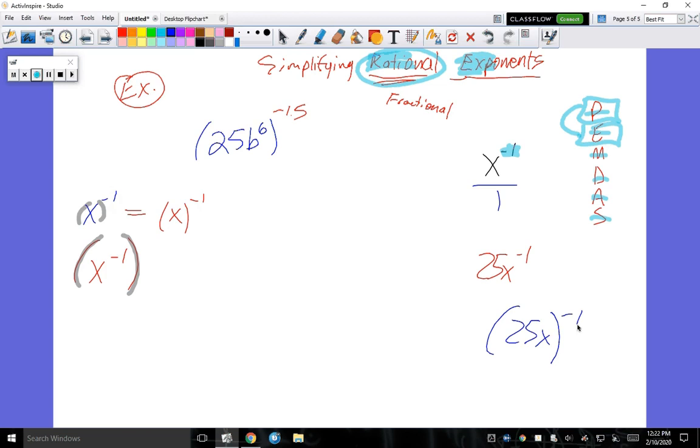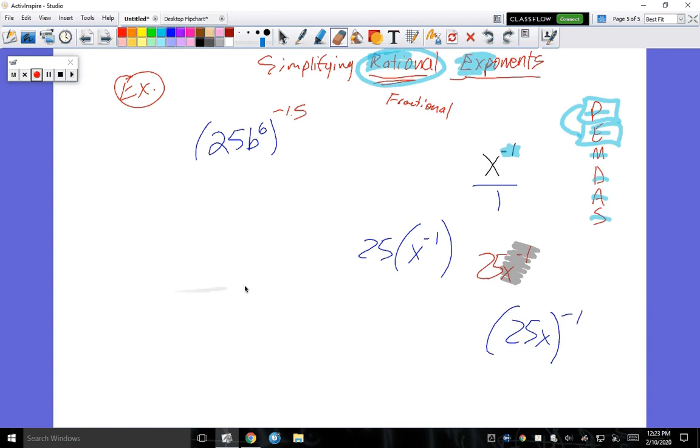So whatever is attached is the thing that is very, very close to it, basically touching it, and it would be interpreted as 25 times x to the negative 1 like this. So the negative makes the x move, but it doesn't make the 25 move. We're going to move the base, home base if you will. Okay? So, with that being said, let's do this problem and then we'll go to lunch.